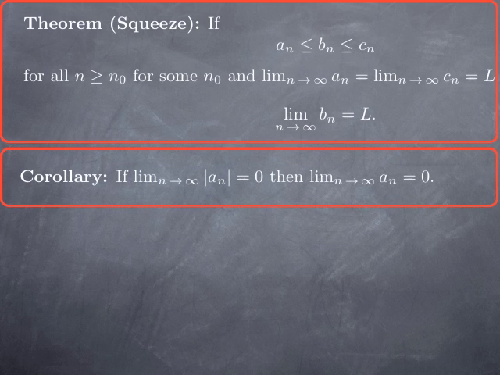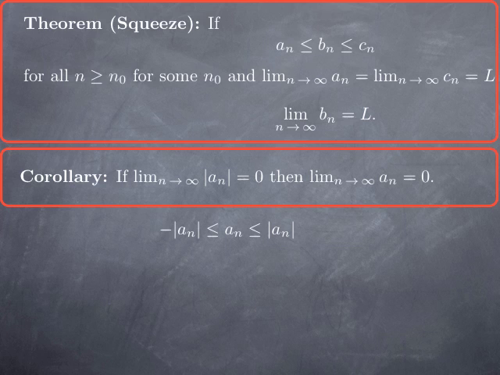One corollary that we will make use of is that if you have a sequence whose absolute value has limit 0, then the sequence itself has limit 0. And this is simply because an is between negative absolute value of an and absolute value of an. Well, it's easy for you to convince yourself of that.